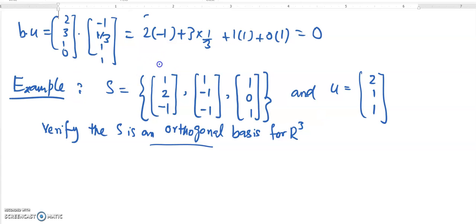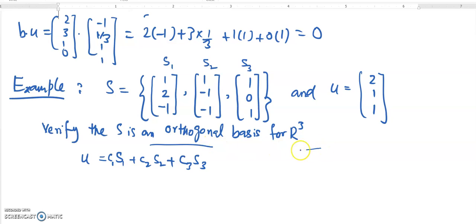Suppose we call these vectors S1, S2, S3, and if these vectors are orthogonal, we can represent them as components of any other vector such as U. So in this case U will be equal to C1 S1 plus C2 S2 plus C3 S3.